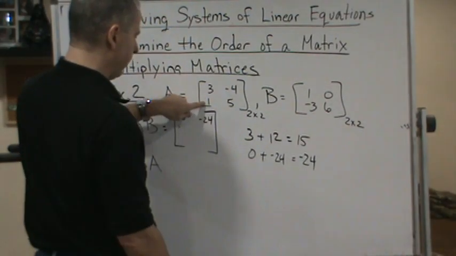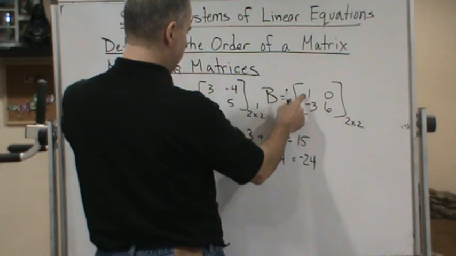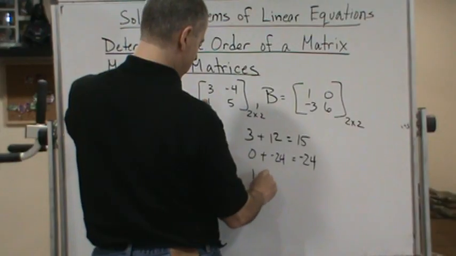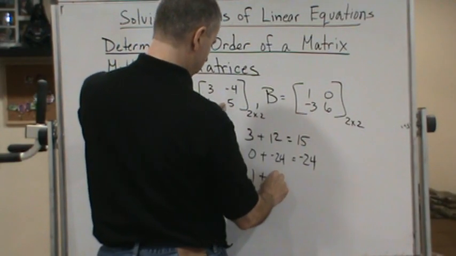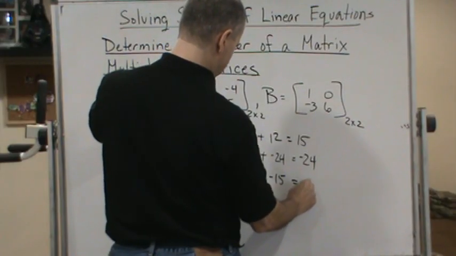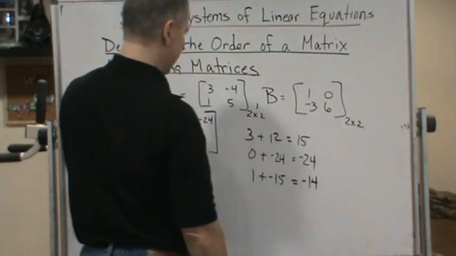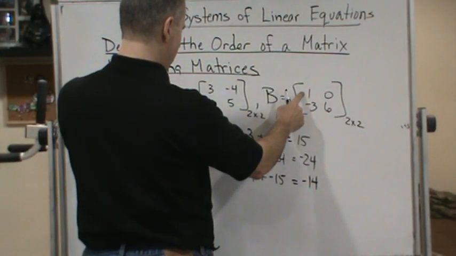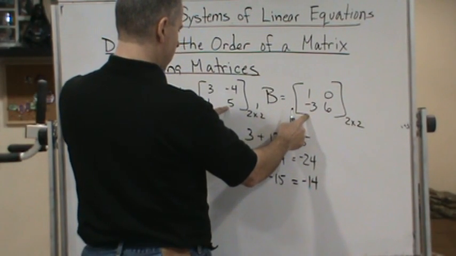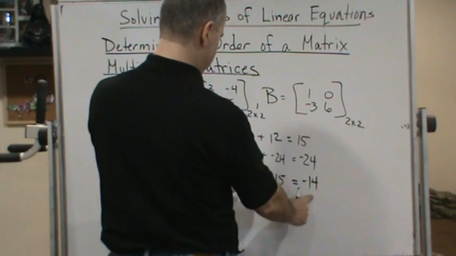Now we go to the second row, first column. So 1 times 1 is 1, plus -3 times 5 is -15, which equals -14.